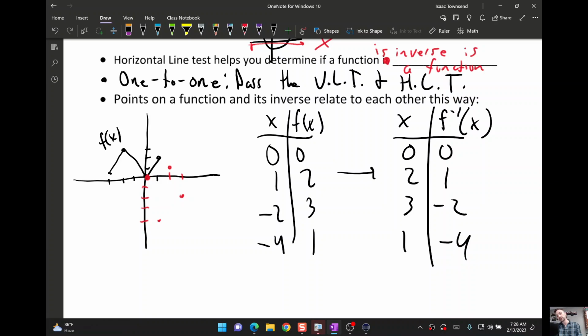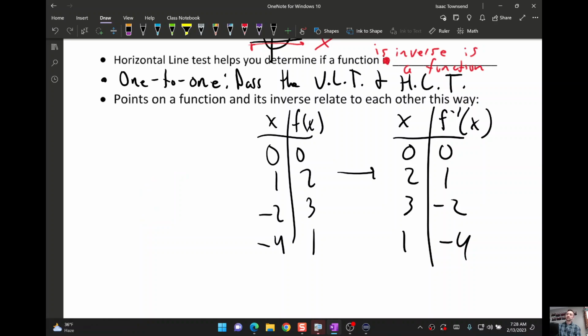I may not have connected them in the same order though. What I was going to show you is that you should have a line of symmetry at y equals x, but I'm messing that up somewhere. But that's just kind of reinforcing it anyway.